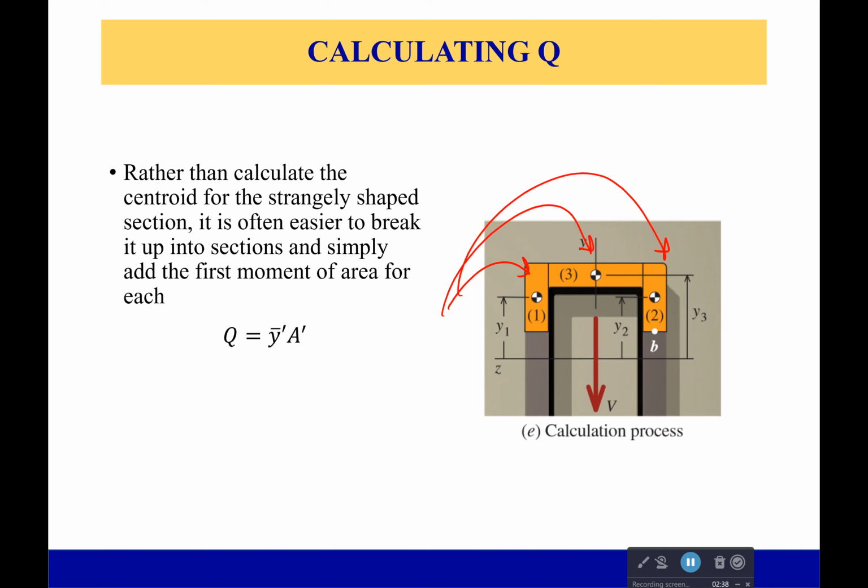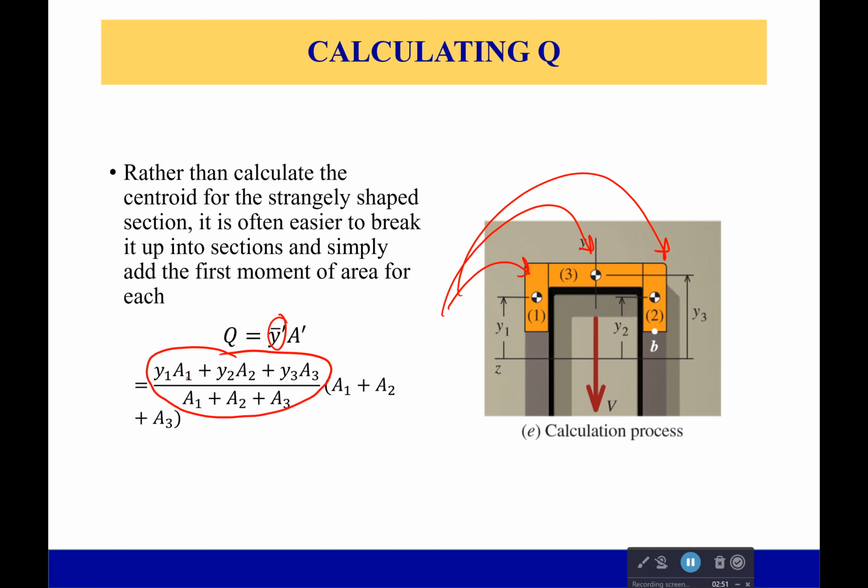So just like before, I want that centroid of this overall shape times that overall area. But I can also break that up, because the centroid would be simply this right here. That's each of those individual areas times their particular centroid, and then I divide that by the total area.